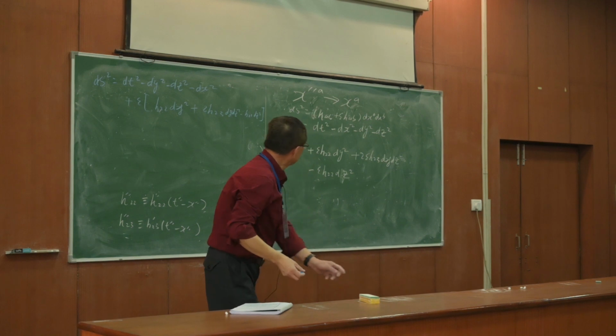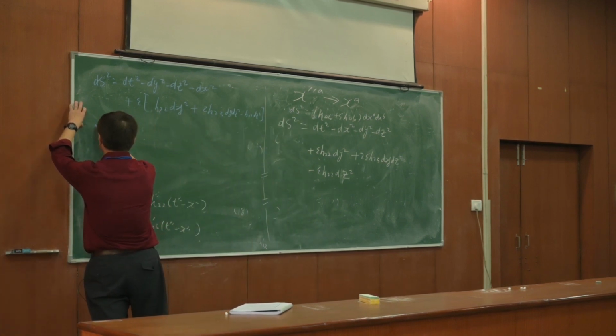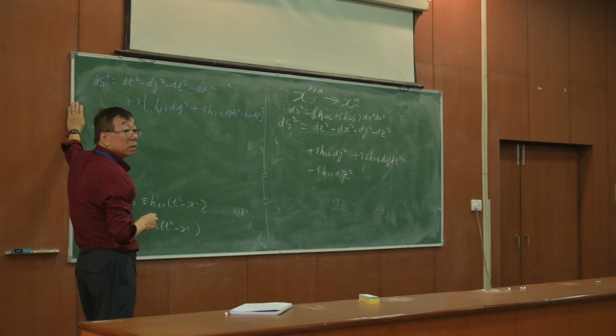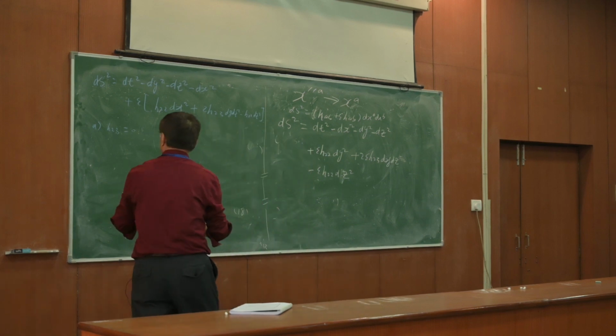So what I'm going to do is the following: because it is linear, I first consider h_23 equals 0. It's two independent components. I just consider the physical interpretation of h optional.